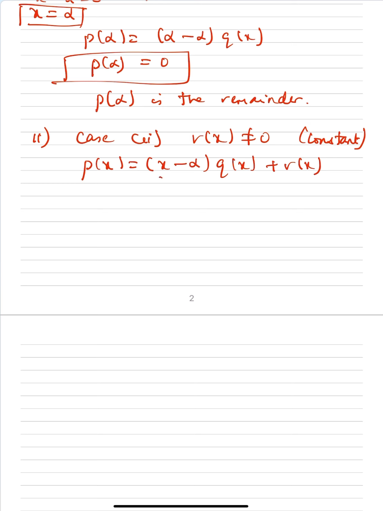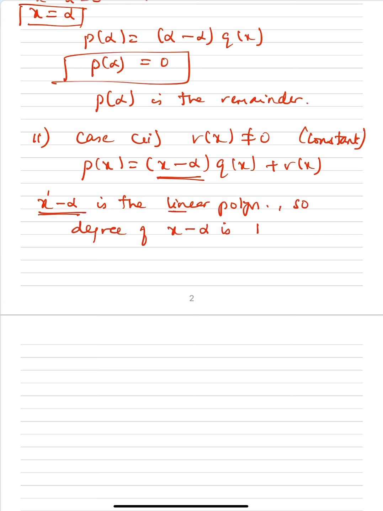Now see, here x minus alpha is the linear polynomial, correct? Why? Because the degree of this variable is 1. So the degree of x minus alpha is 1. Now, in the division of polynomials, we have done that if x minus alpha is a linear polynomial, then the degree of r of x is 0.